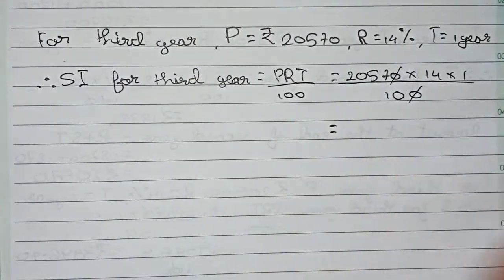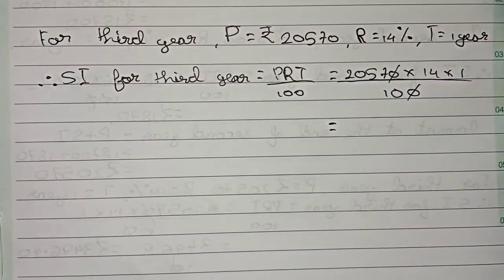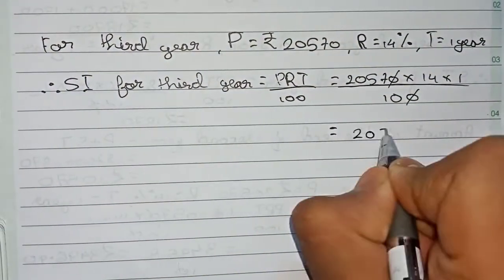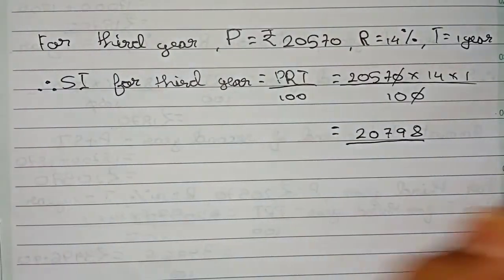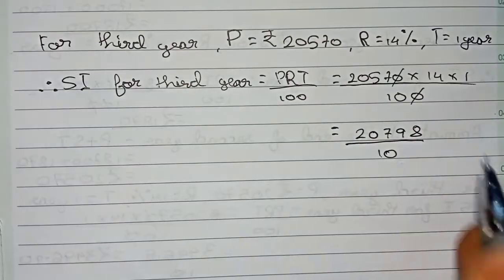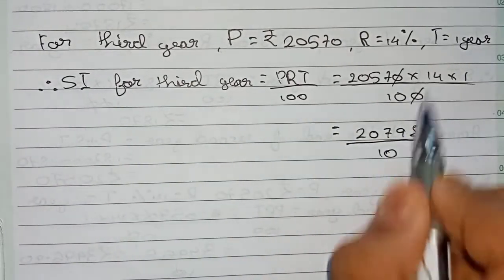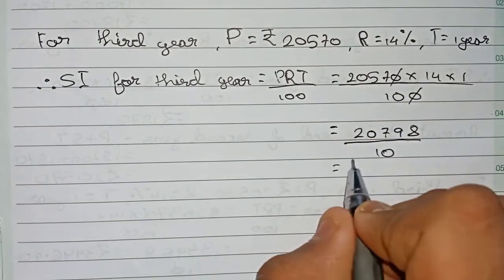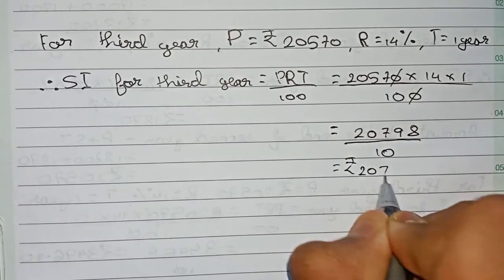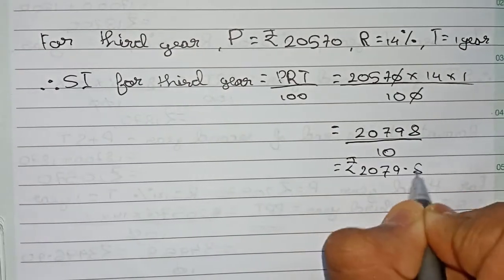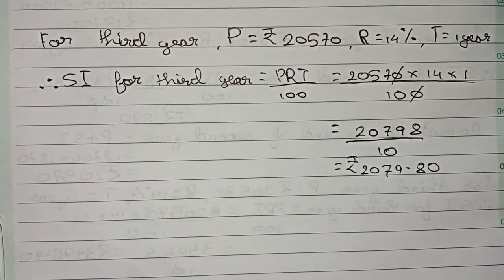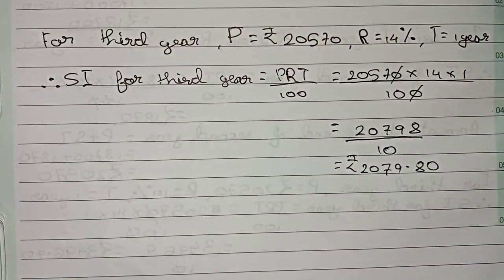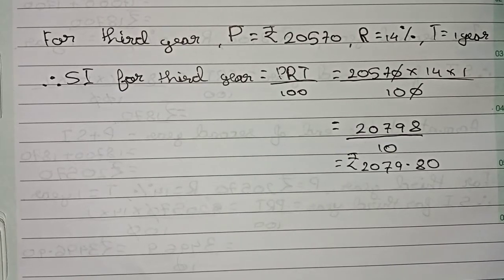So we just do 2057 into 14, which equals 20798. Now by 10, you all know that it will go to one decimal place. So it becomes rupees 2079.8. As it is rupees, we give one more 0, so it becomes 2079.80. This is the interest for the third year.